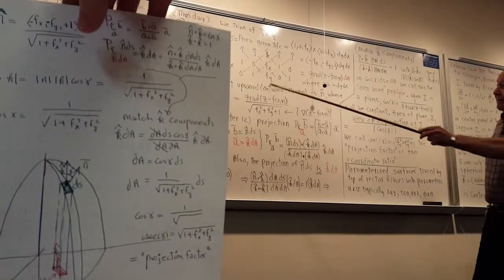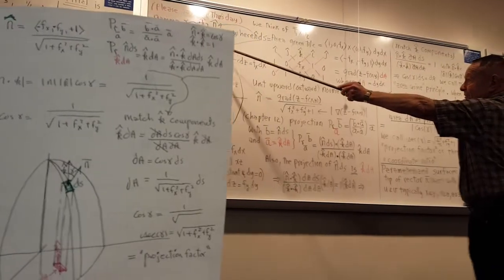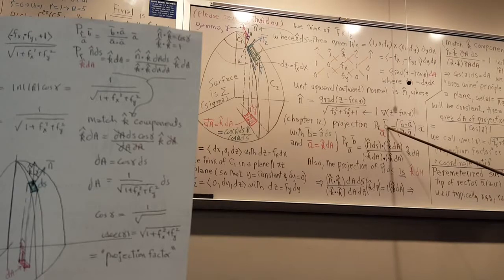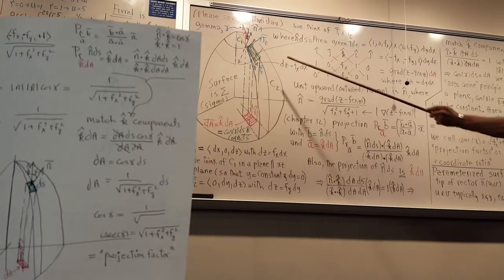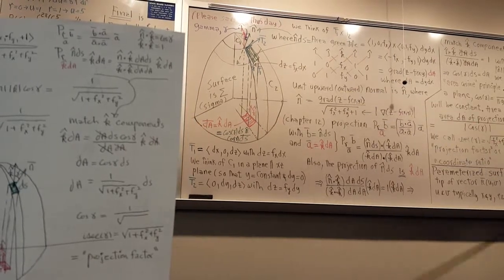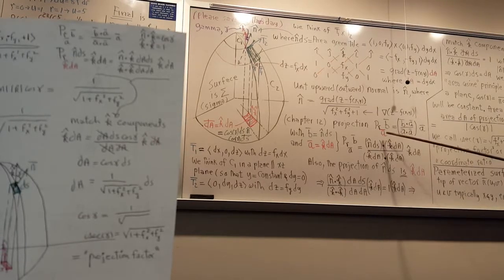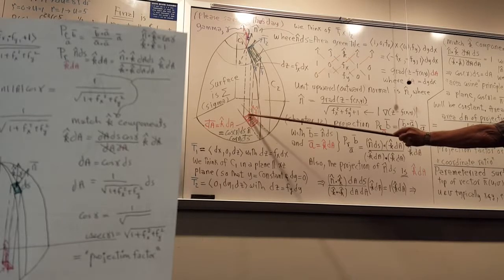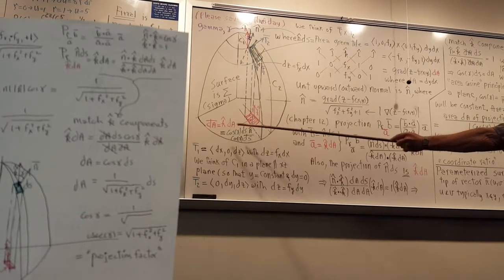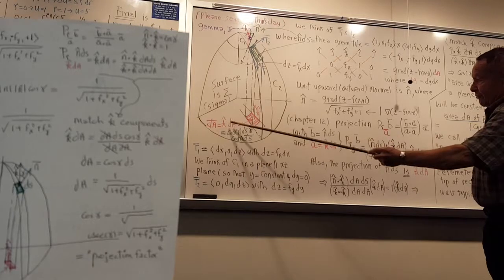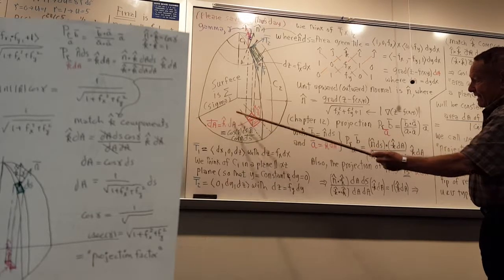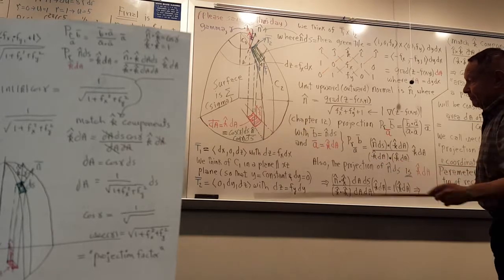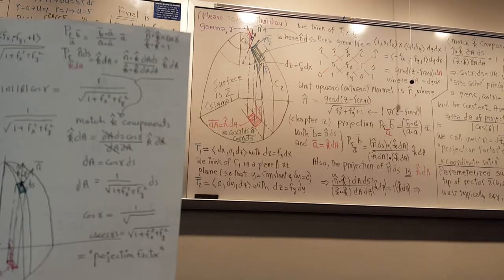So now I'm thinking of the vector area of the green tile as my vector B. So notice the color scheme. And I'm projecting on vector A, which would be the area down here, which would be K, which is the normal here, and dA, which would be the dy dx.